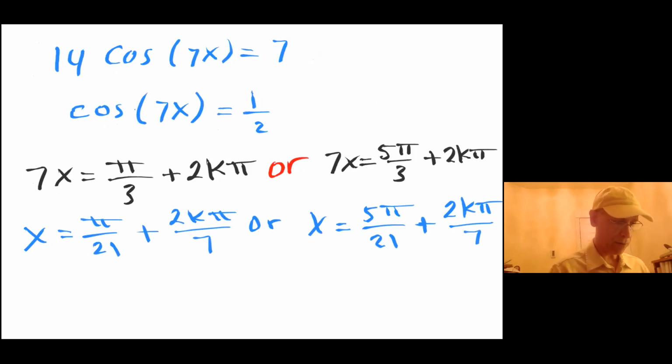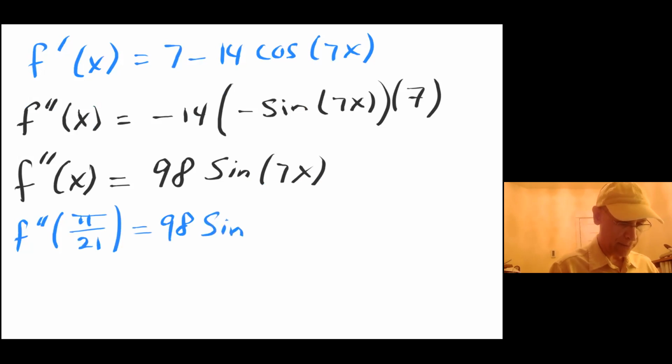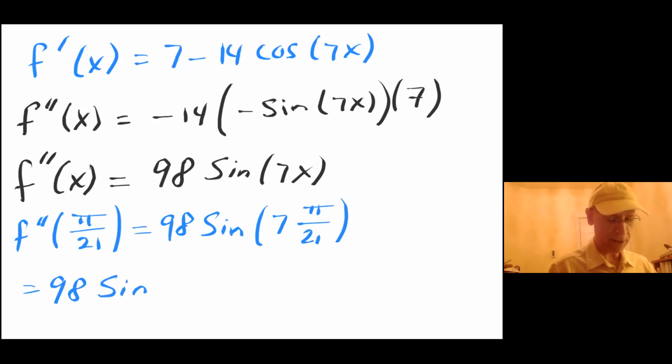Okay, so f double prime of pi over 21 equals 98 times sine of 7 pi over 21, and that equals 98 sine of pi over 3, since 7 and 21 cancel.